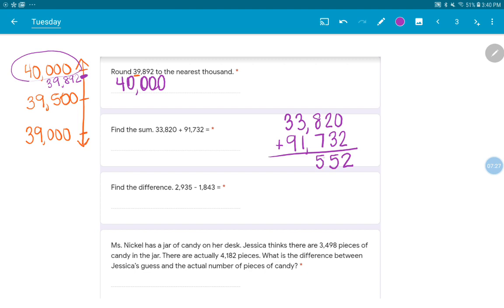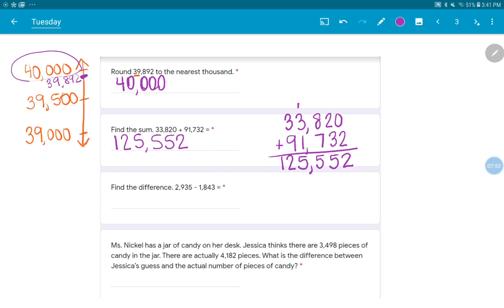I'm going to write down my 5. Carry the 1. 1 plus 3 plus 1 is 5. And 3 plus 9 is 12. I'm going to put my comma to separate my thousands period from my units period. So the answer is 125,552.